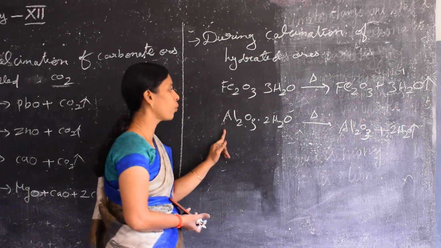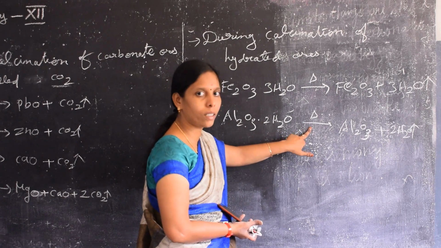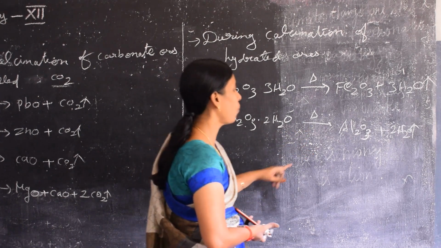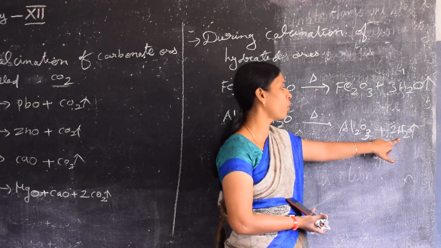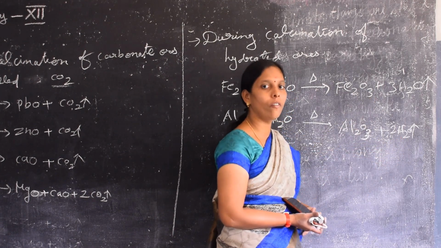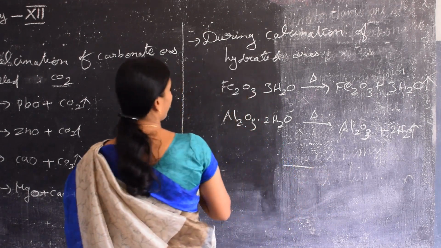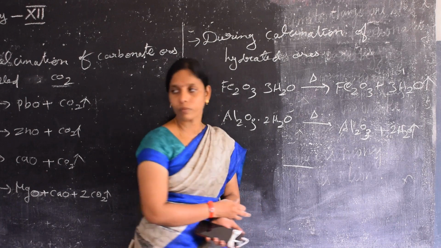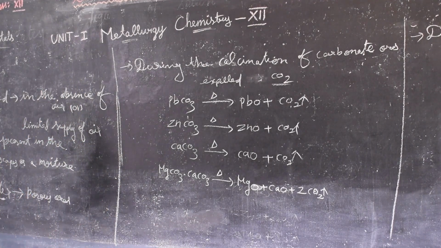And then Al2O3 2H2O is a bauxite ore is strongly heated in the absence of air to form Al2O3 and 2H2O. 2 moles of water molecules escapes as a vapor. Okay, so this is the calcination or during calcination of hydrated ores. This is calcination of carbonate ores. ஒரு சின்ன ரிவிஷன் பார்த்தலாம்.